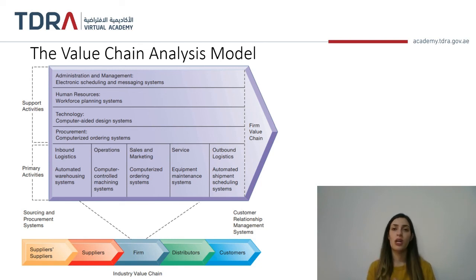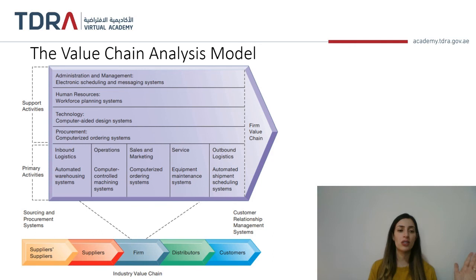If I take the firm, I want to focus more on the firm, I zoom into the firm and I see the above picture that is colored in purple. Please let's take a look at the firm value chain, and let's look at the bottom of this purple table that has the primary activities.